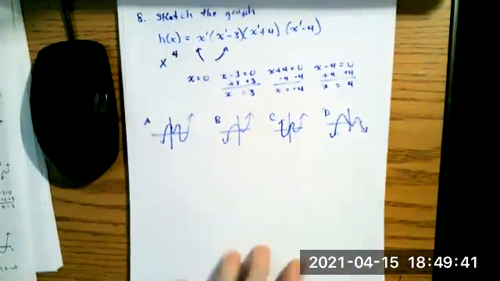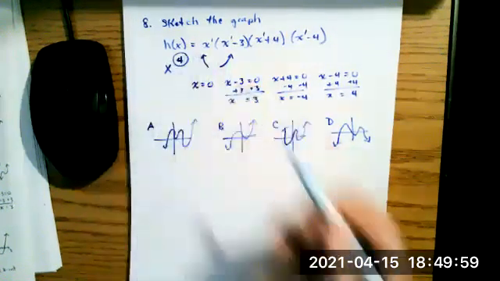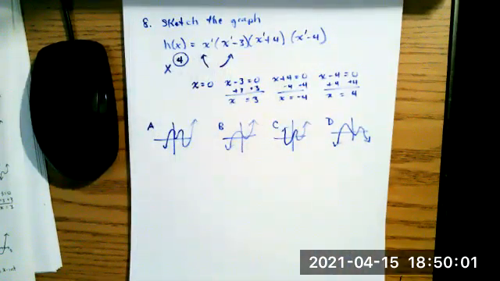Just knowing what you know, can you tell which one the answer is? C. Well, we have B or C. Which one do you think it is? C. If it's even, the ends have to both go up or both go down.